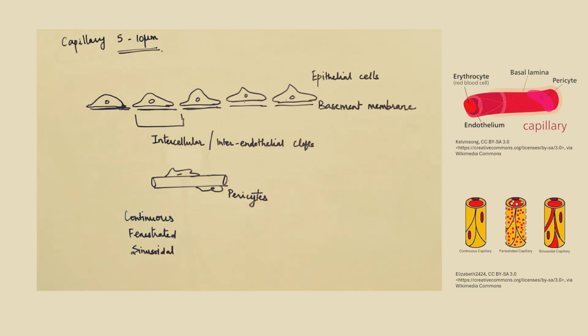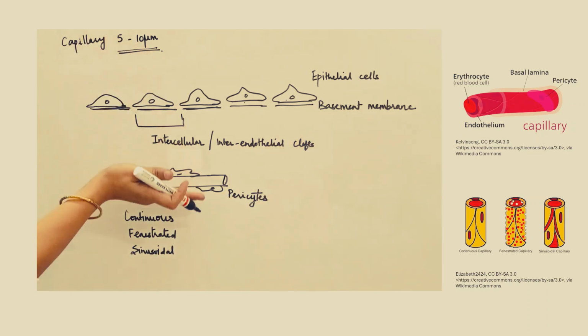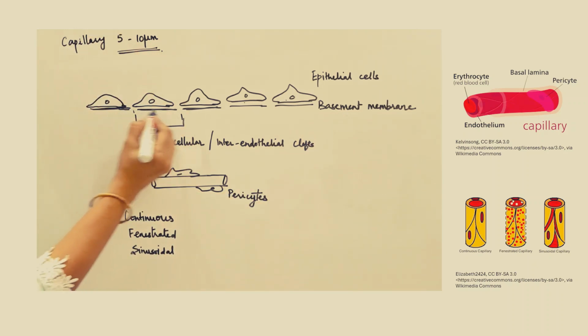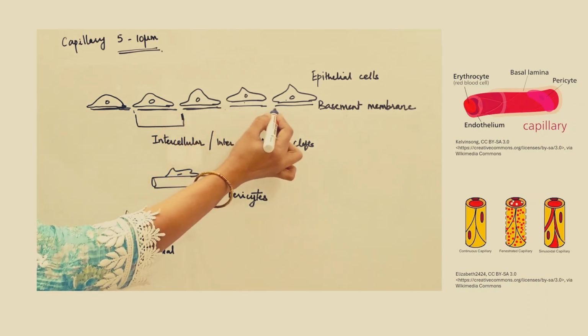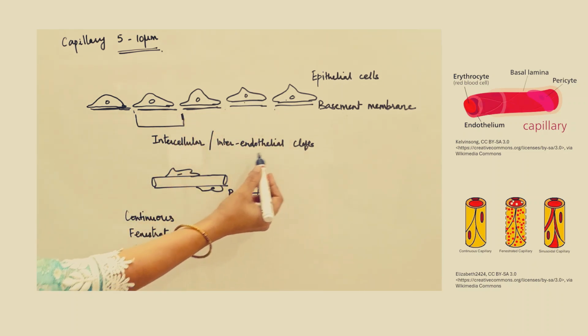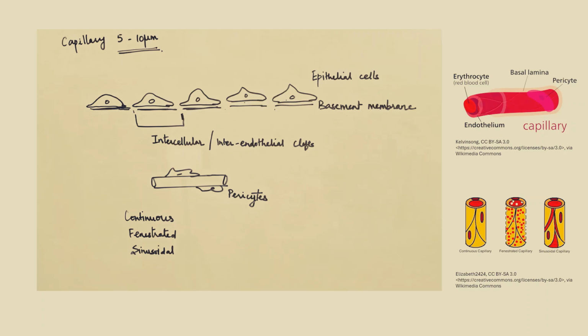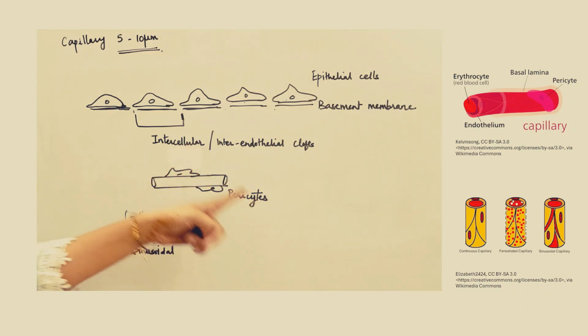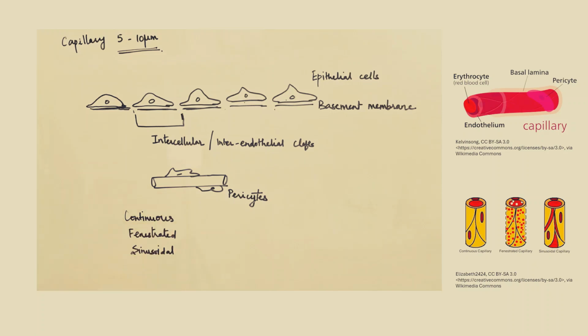To allow exchange of substances, the capillary walls have gaps between the cells called the intercellular or interendothelial clefts. The walls of the capillaries have pericytes wrapped around them.